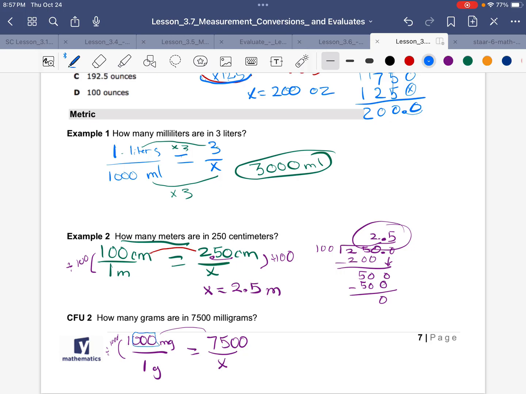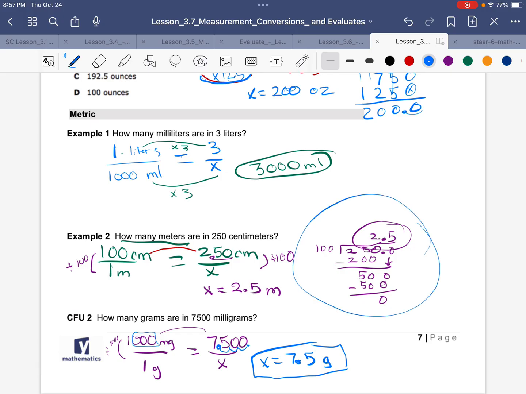I'm literally starting my decimal back here, because that is where the decimal is in a whole number. And then you move it. How many zeros? I have 3 zeros. 1, 2, 3. So my decimal goes there. So my x is 7.5. And that is grams. That's it. And you can do the division like I did here if you want, if you don't want to double check me and you don't believe me.